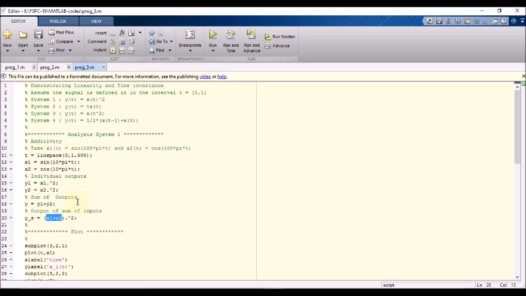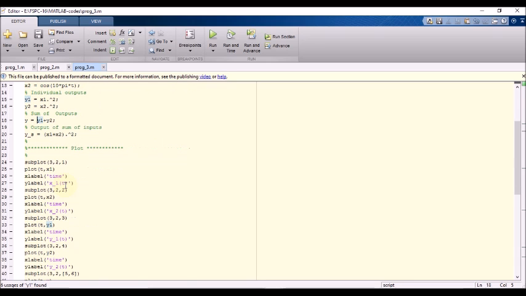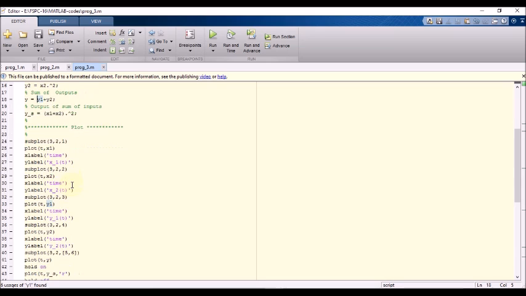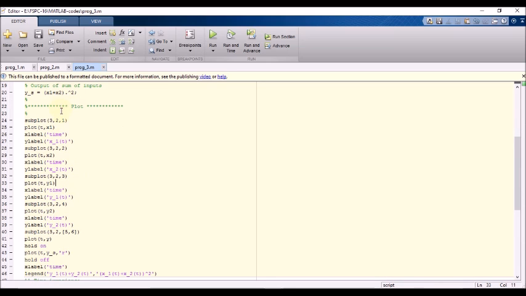Now we are going to verify whether the sum of the outputs y is the same as the output corresponding to the sum of the inputs, which is actually the property of additivity. Let us plot the various inputs and outputs and verify the property of additivity. So let me run this section of code to illustrate the result.